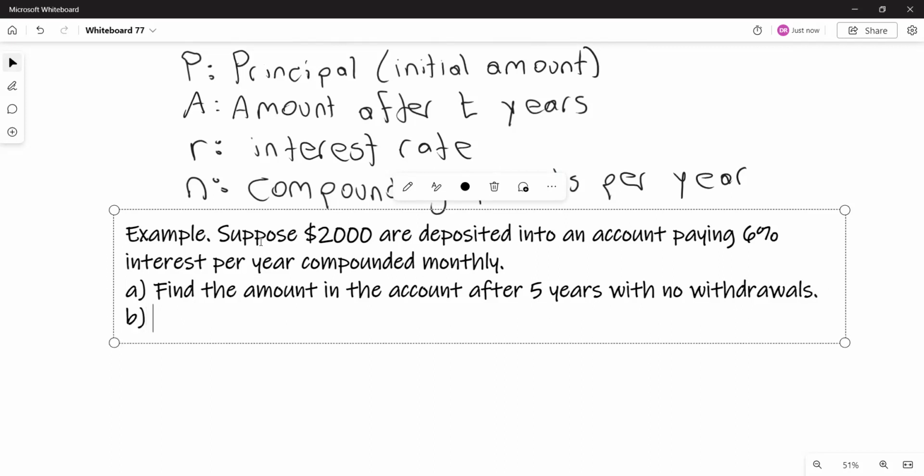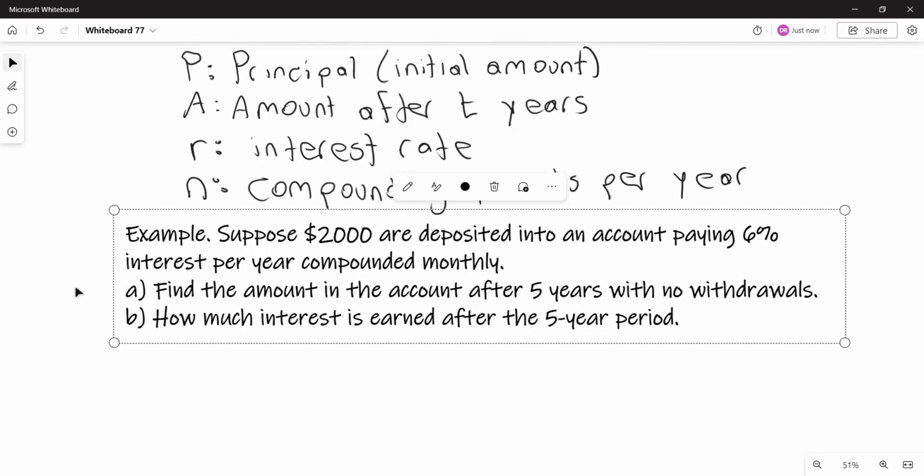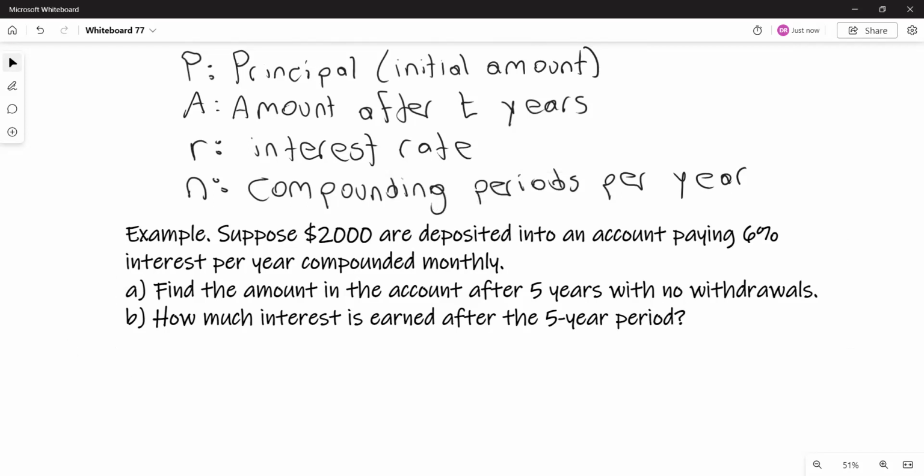And part B, we're going to find how much interest is earned after the 5-year period. So we're going to use the compound interest formula. Remember, the compound interest formula is A equals P times 1 plus R over N to the N times T.